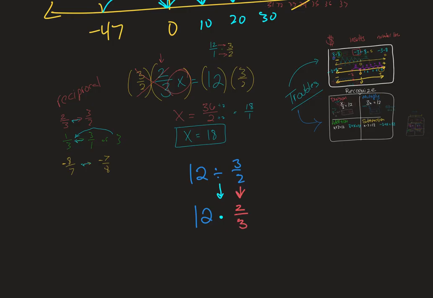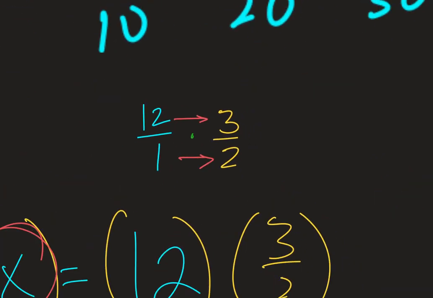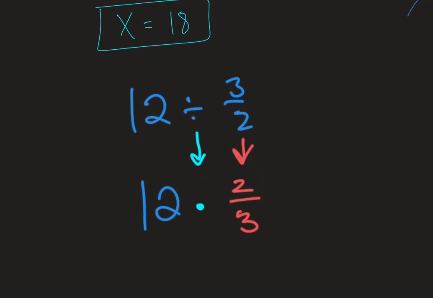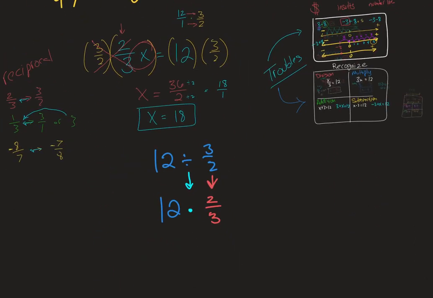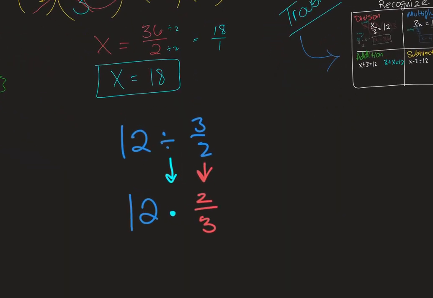You flip it into its reciprocal. And then we did that right here. You just multiply straight across. Actually, I guess technically we did the opposite of that because I did something else. I wrote down the wrong thing. Whatever. This is what happens. If you want to divide, you're actually going to end up multiplying by the reciprocal.